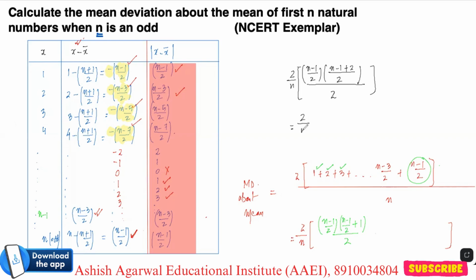Now this is 2 by n. This 2 into 2, 4, gets shifted to the main denominator. It becomes 8. And here I have n minus 1. This 2 and 8 gone, I have a 4. So in the denominator, I have a 4n, and in the numerator, I have n square minus 1. So this happens to be the final answer for this question.